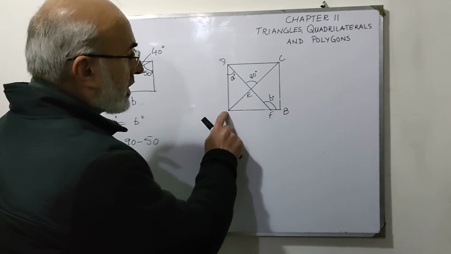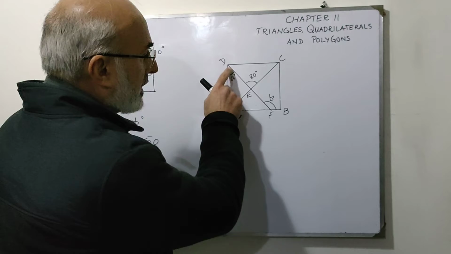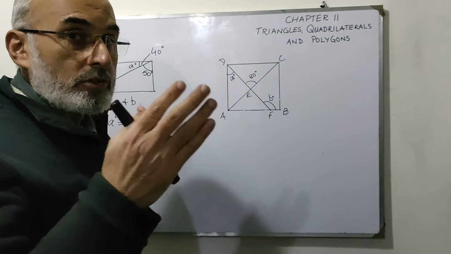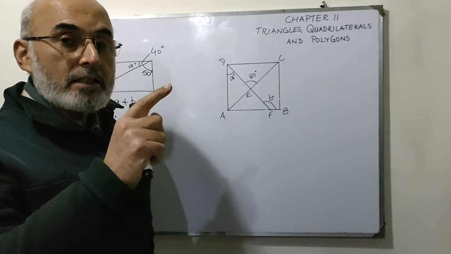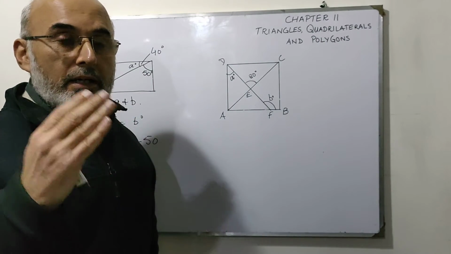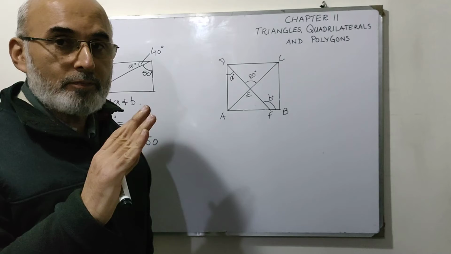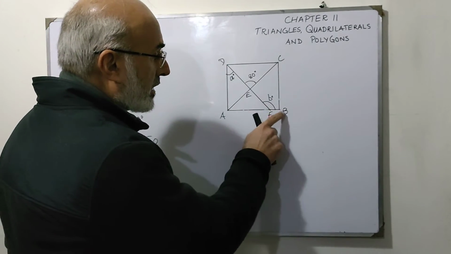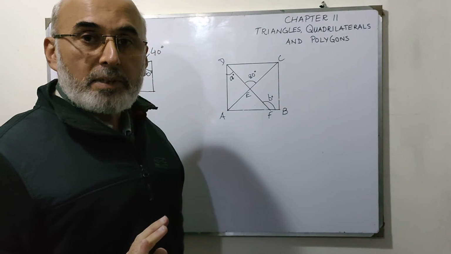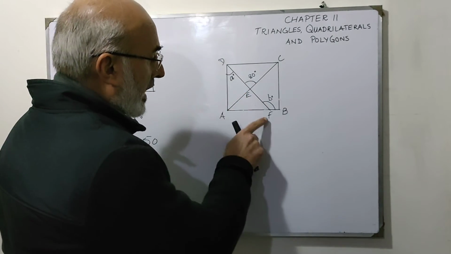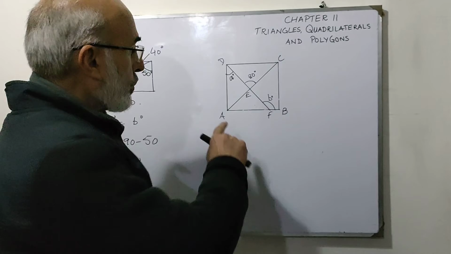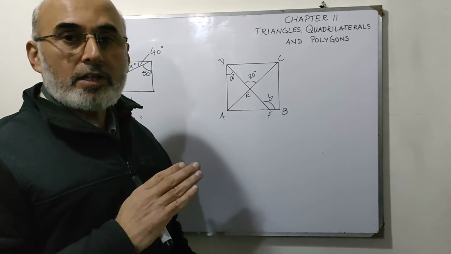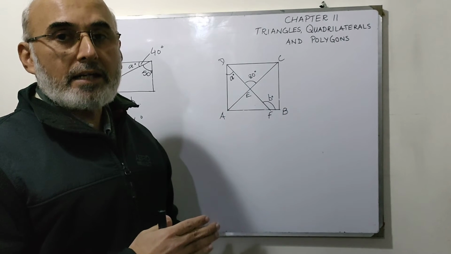So this diagonal is touching the corners, but this diagonal ADF is not touching the corners, right? Because we know that the diagonals of the square intersect each other at a 90 degree, right? But not in this case, because this diagonal is not touching the corner B. The diagonal is DF. So in this case, only the diagonal AC is touching the corners. So the diagonals are not intersecting each other at a 90 degree.